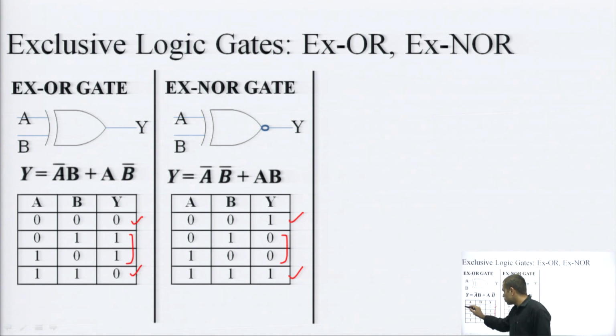In the first case you can see that the number of ones is 0, in this case it is 1, and in the last case the number of ones is 2. So, 0 and 2 are even, that is why I am getting a 0 output here, and this 1 is odd, so I am getting a high output here.